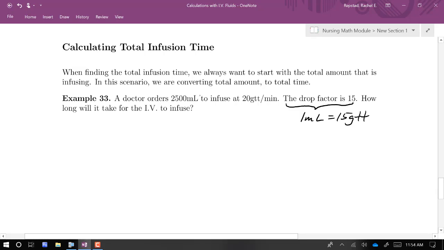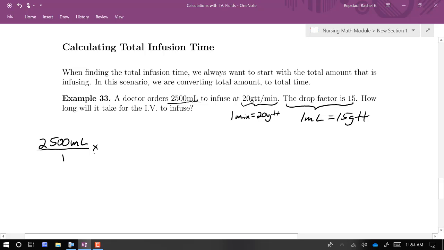So the order that I'm going to start with, like my starting point, is that total volume of 2,500 milliliters. The other part of the order, 20 drops per minute, I'm going to use that as an equivalent, that 1 minute is equal to 20 drops. So I take this total volume, and I want to get to total time.